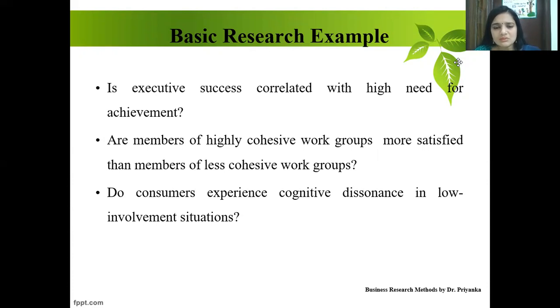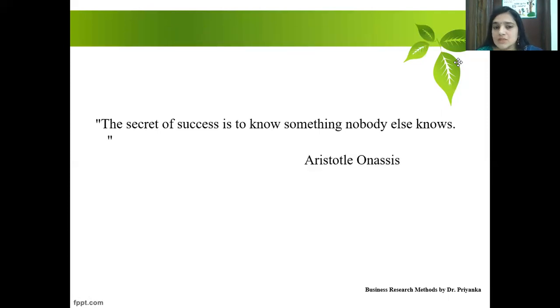You can see from the questions that it is generally meant to expand your knowledge. It is also known as fundamental research or pure research, that is, for pure understanding. The secret of success is to know something nobody else knows. That is how basic research is.